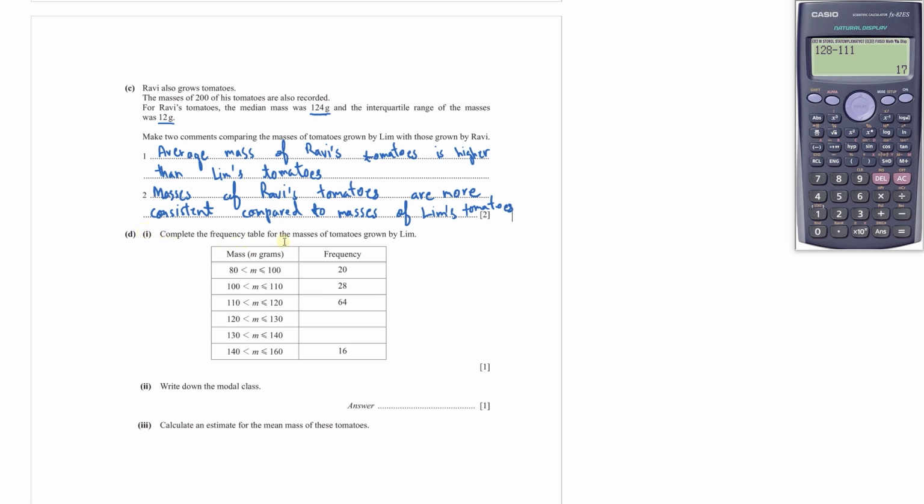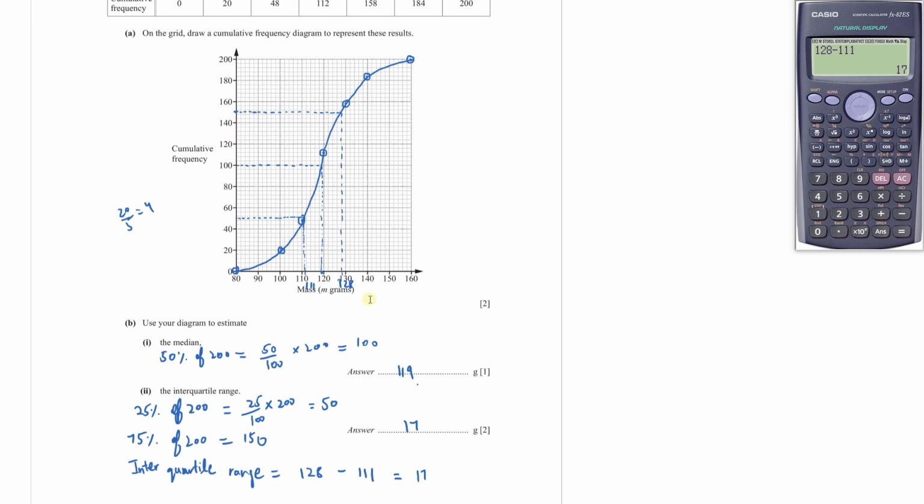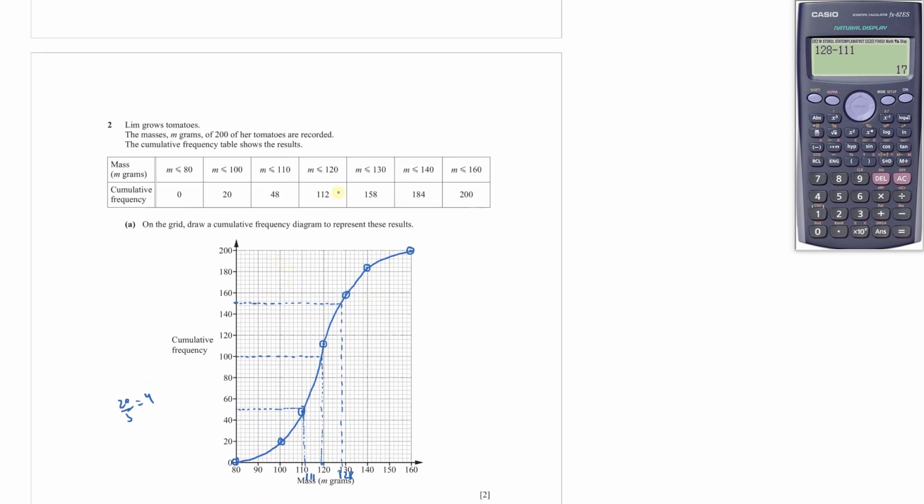Part D is complete the frequency table of tomatoes grown by Lim. So you're given the class values here and then the frequency values. The first value that we have to write is for the class from 120 till 130. If you look at the cumulative frequency table, to find the masses between 120 and 130, we will subtract 112 from 158.